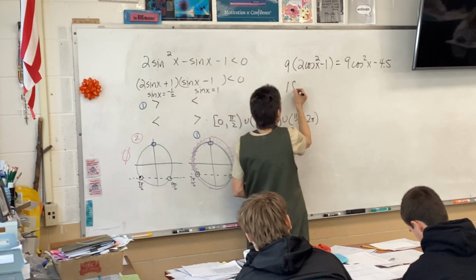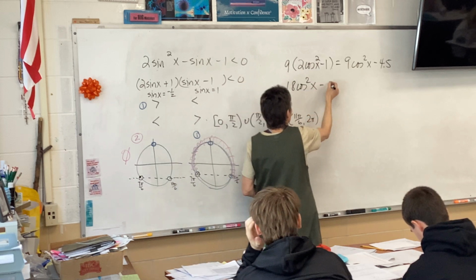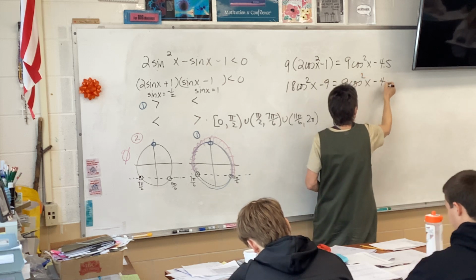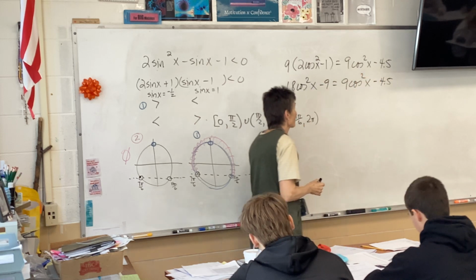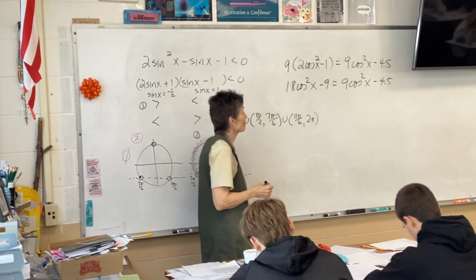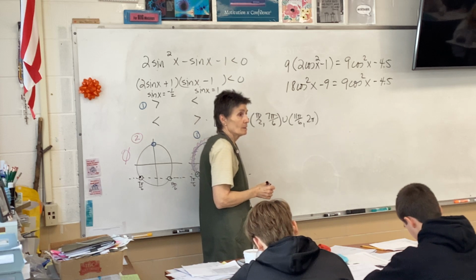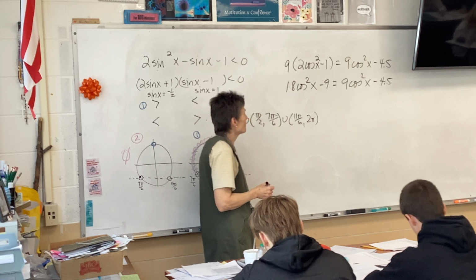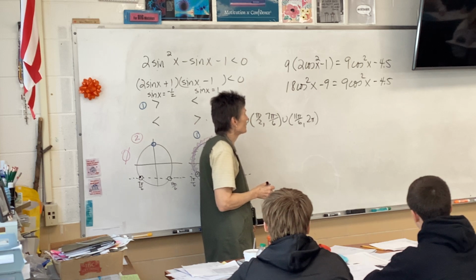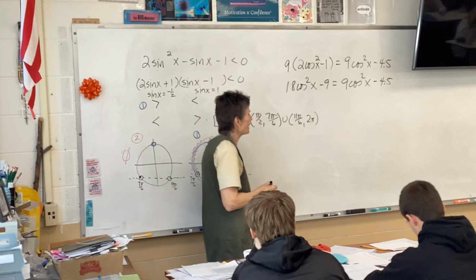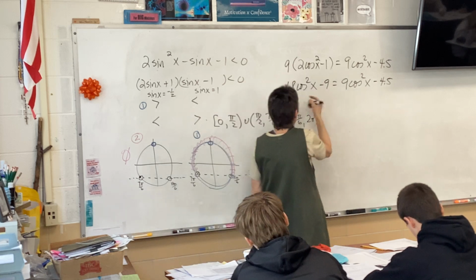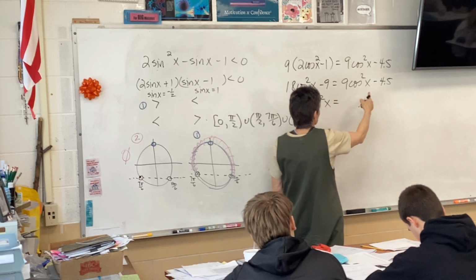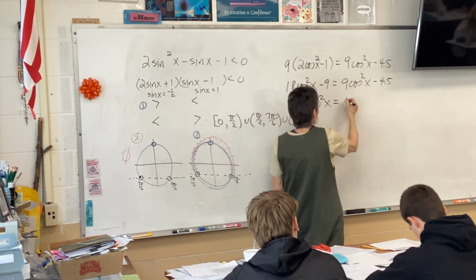All right, so 18 cosine squared minus 9 equals 9 cosine squared minus 4.5. What do you suggest at this point? Could we, that's a fraction. Yeah, we could definitely bring that over. So 9 cosine squared equals, what, 4.5?